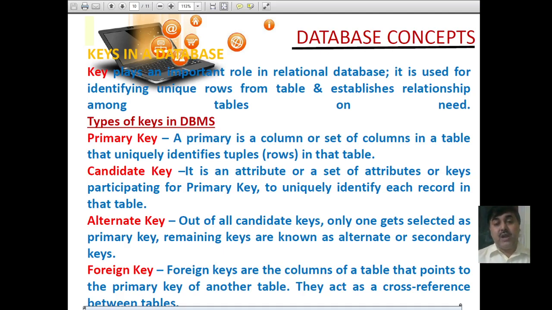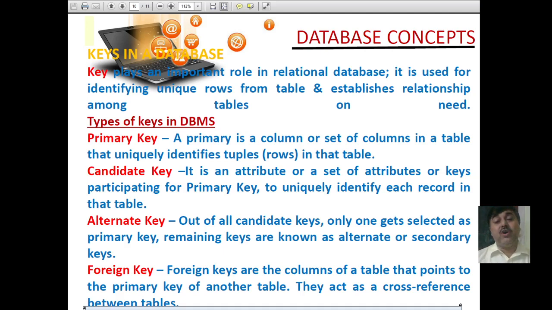So the primary key is a set of columns of a table which uniquely identifies it. A candidate key is an attribute or set of attributes that can participate in the primary key. That means it is a unique identity of each record.